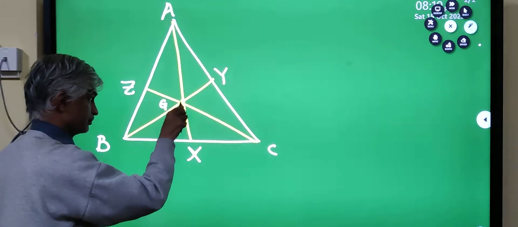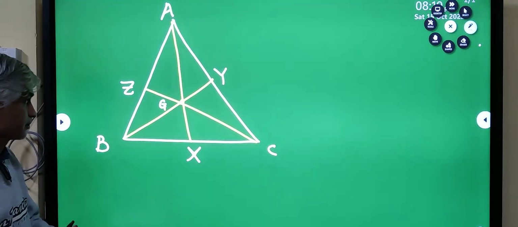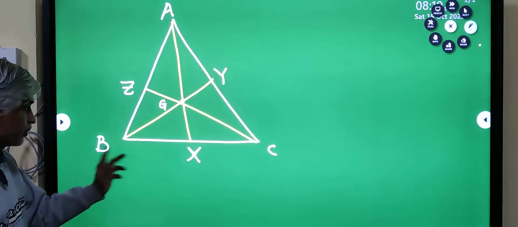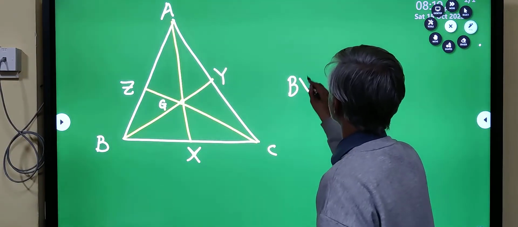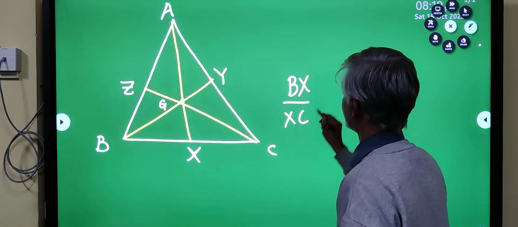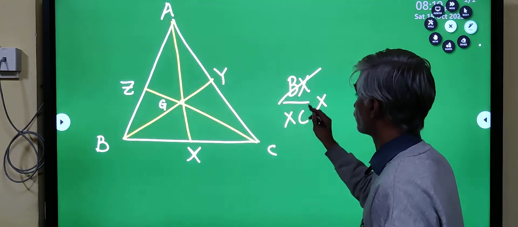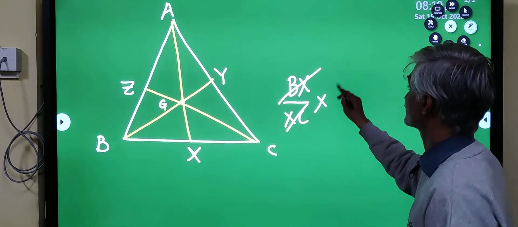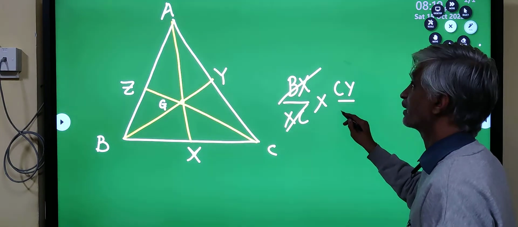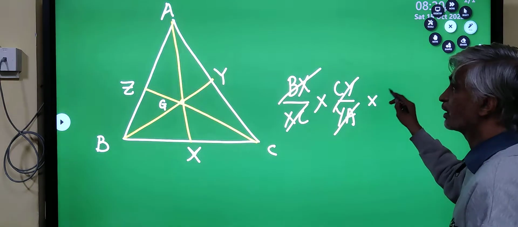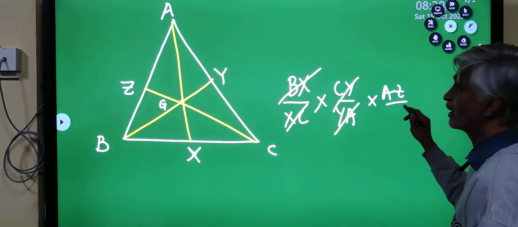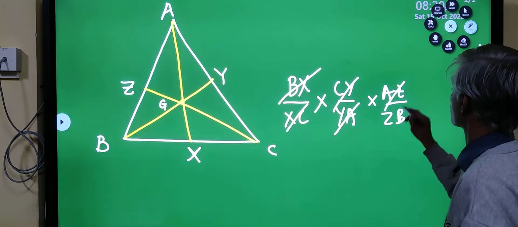Now why is it that the three medians are concurrent? It's very nice. You can see here that BX divided by XC is basically 1 multiplied by CY divided by YA is also 1 multiplied by AZ by ZB is also 1.